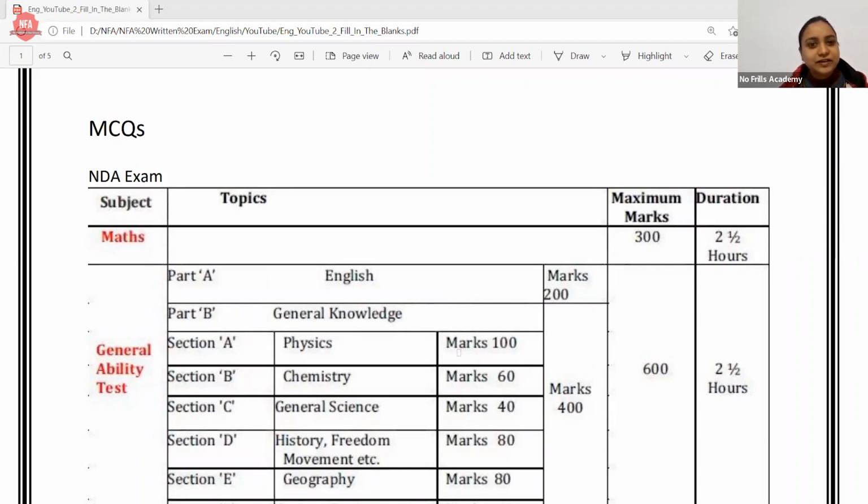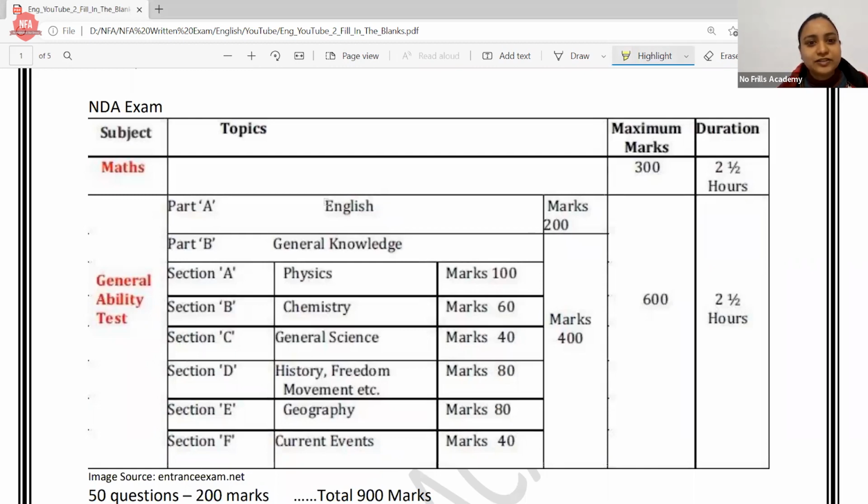As you can see, English is of 200 marks. Out of a total 900 marks, which includes mathematics 300 and general ability 600, in general ability, English is included.